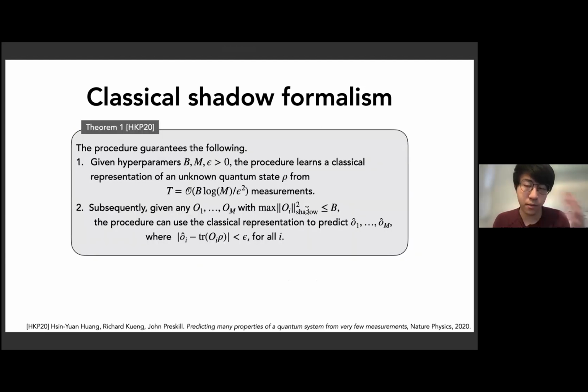Furthermore, in the paper, we proved the following theorem. We showed that the previous procedure based on random measurement followed by a prediction phase guarantees the following. Suppose we are given 3 hyperparameters, which will be made clear later.